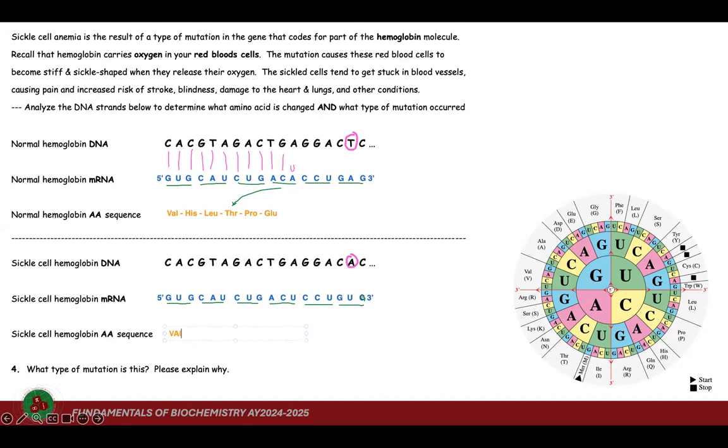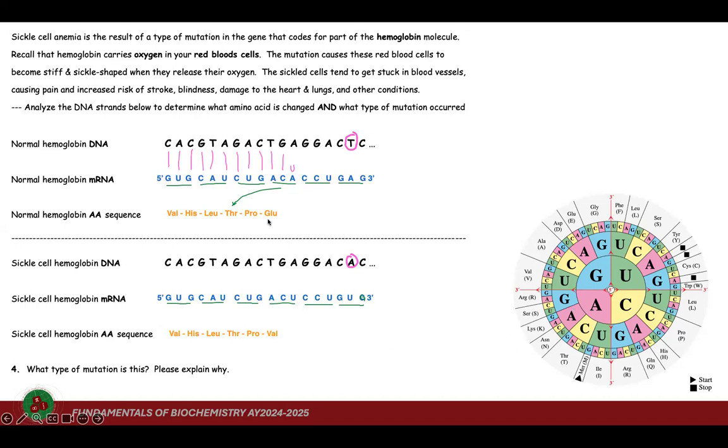GUG is still valine. Then we still have histidine for CAU. CUG is leucine. And then after leucine, ACU, which is threonine, CCU, which is proline, and then GUG. So it's not GAG, but it's GUG, which is a valine.